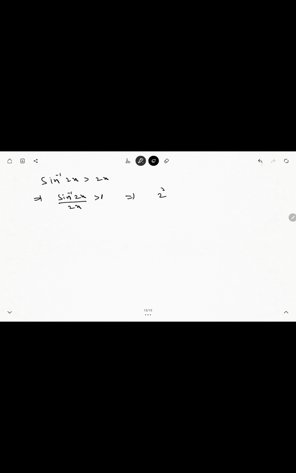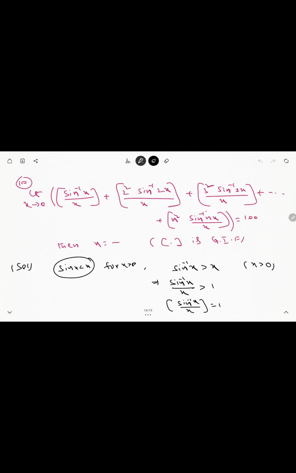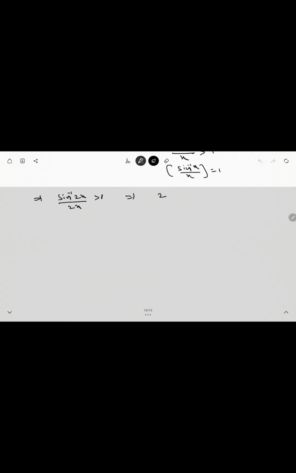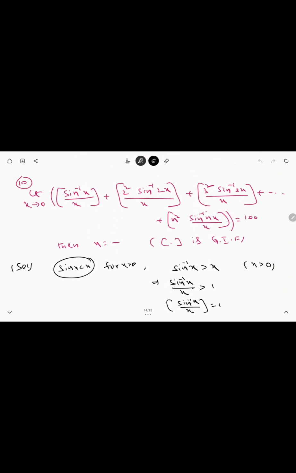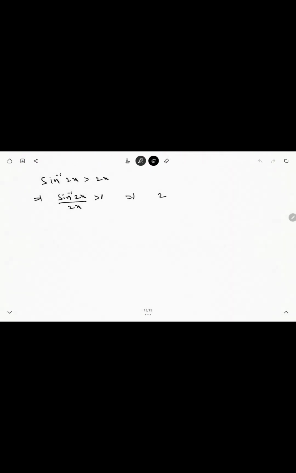Actually, we have to get 2 square here. So multiply by 2 square, but here only x is given, so it is better to write it that way. Now multiply by 2 square: 2 square sin inverse 2x by x is more than 2 cube.